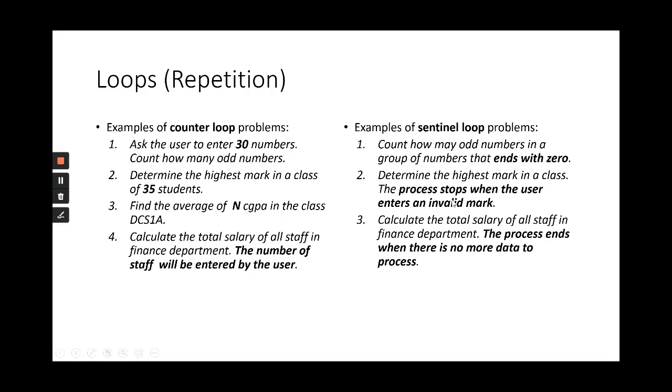So the invalid mark is actually the variable to make sure it will end the repetition. Number 3, calculate the total salary of all staff in the finance department. The process ends when there is no more data to process.